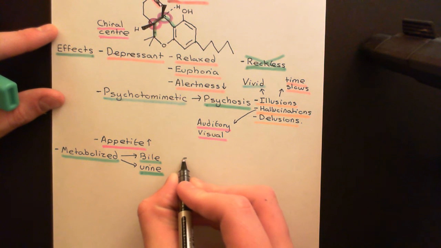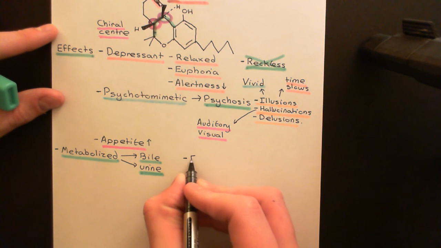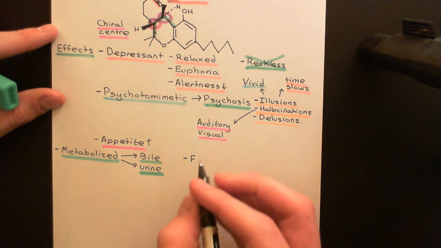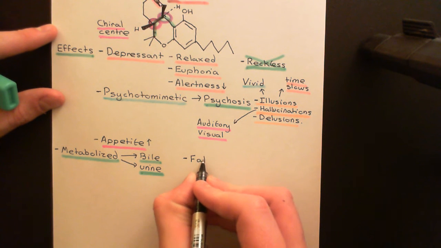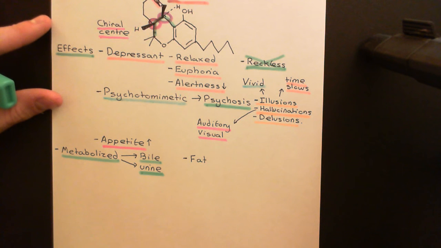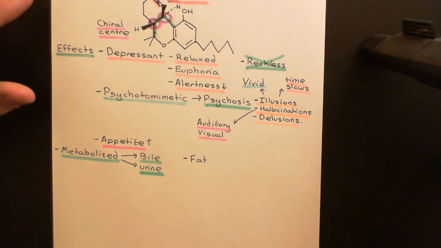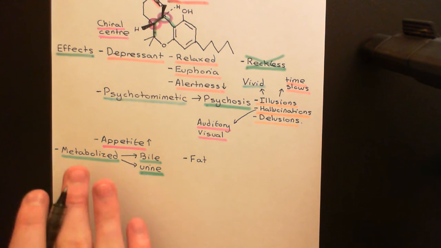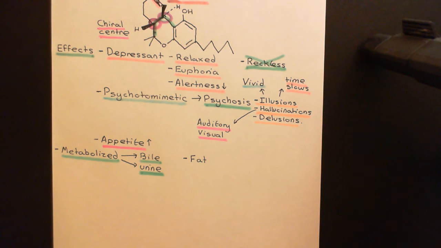So when you initially take cannabis and you have very high levels of delta-9 tetrahydrocannabinol in the blood, what happens is fat cells all around your body start taking up the delta-9 tetrahydrocannabinol like crazy. So they store loads of it in the fat, okay? And then what happens is the liver starts to gain control. It starts to break down the delta-9 tetrahydrocannabinol that's in the blood into metabolites and excrete those from the body.